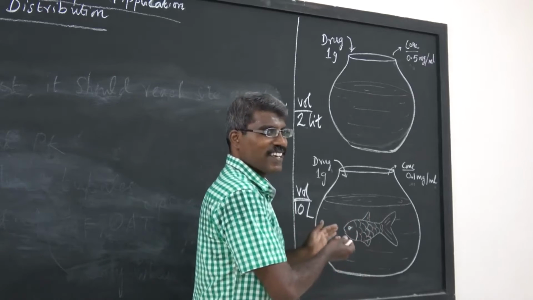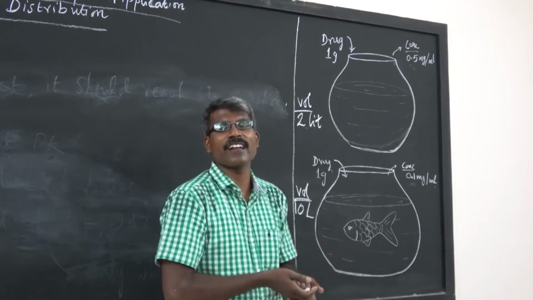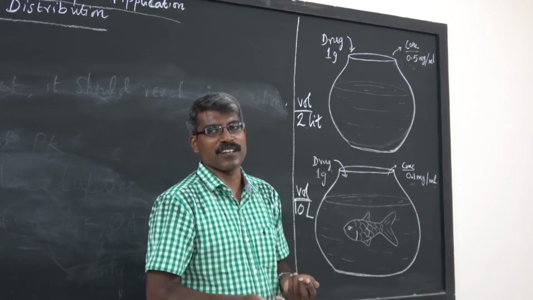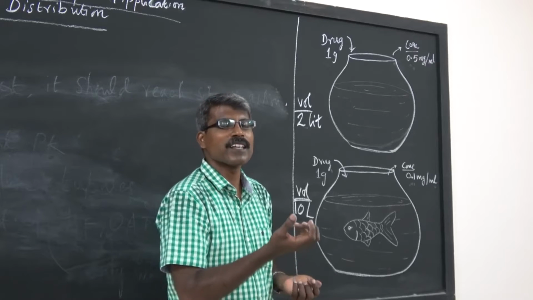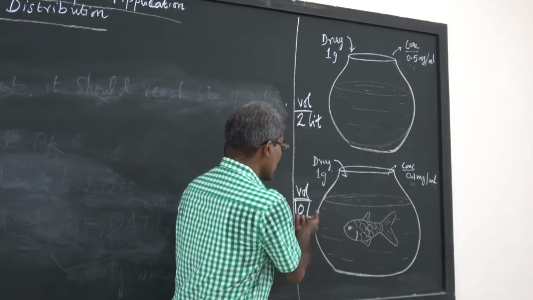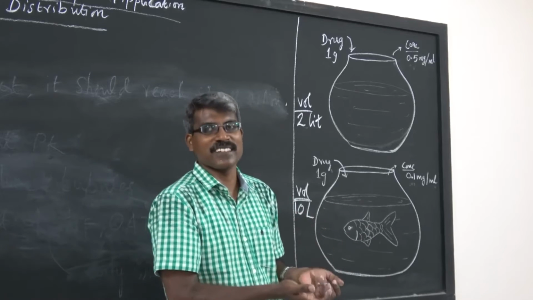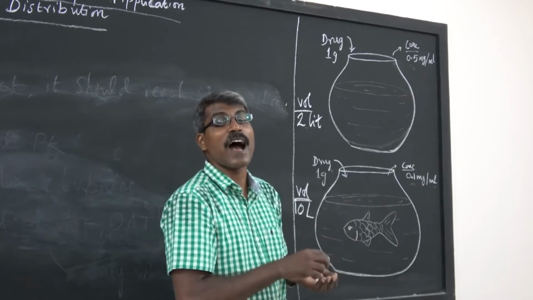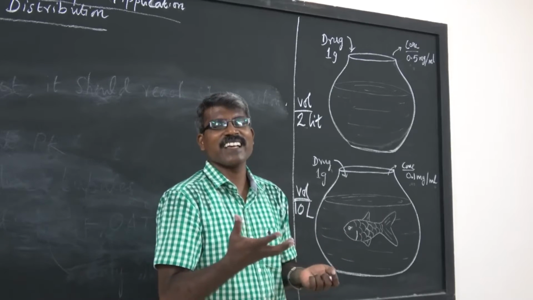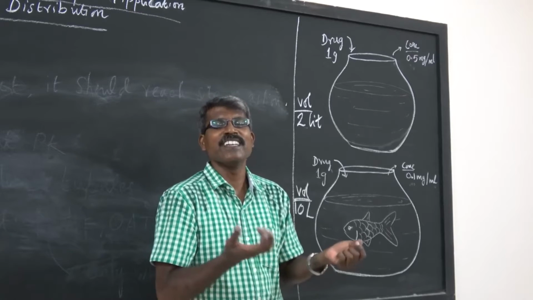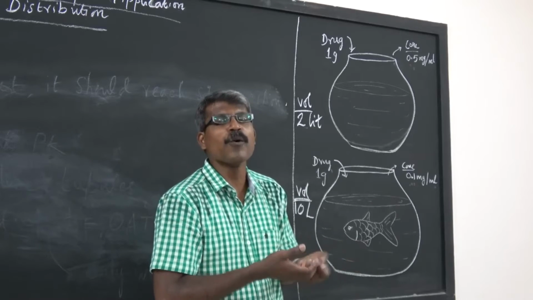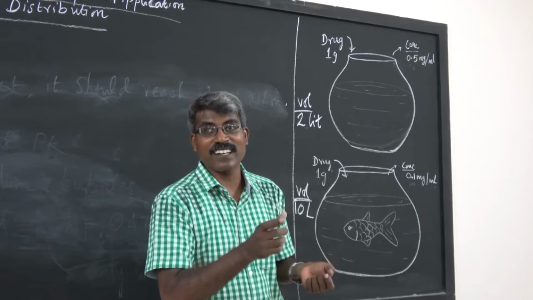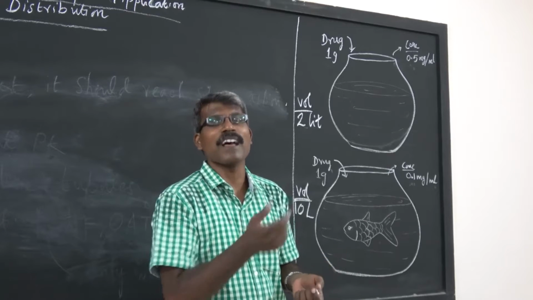Now this is exactly how we calculate or interpret the volume of distribution. It looks as if it is distributed in a volume of 10 liters, isn't it? That's why we always add the word apparent. It's a hypothetical volume in which the drug looks homogeneously distributed in the body at the same concentration as is found in the plasma.